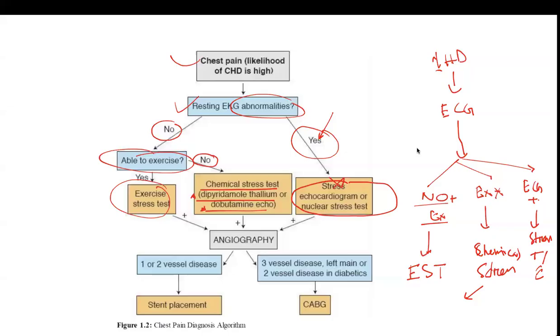Not all ischemic heart disease will give you an ECG abnormality, right, Dr. Shukon? Many ischemic heart disease patients have a normal baseline ECG, but they are getting the pain. So you need to find out whether they have any problem when the heart is under stress.